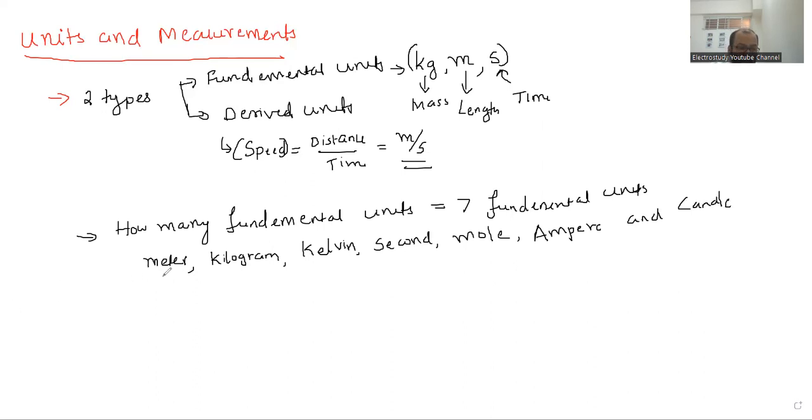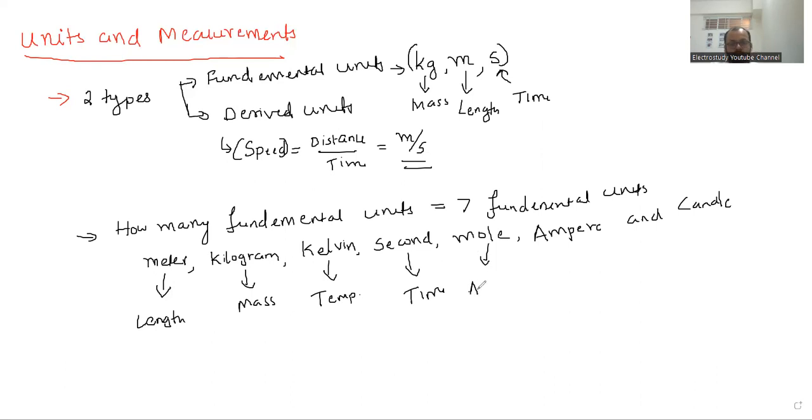Now identify the quantity. For meter, length is the quantity. For kilogram, mass is the quantity. Kelvin, you know, temperature. What about the second? Time is the quantity. The unit will be second, and the quantity is time.